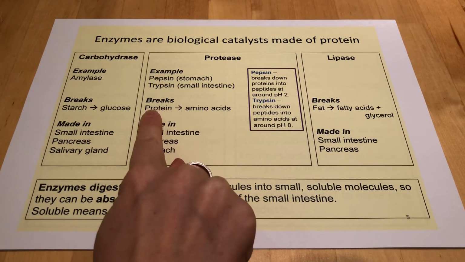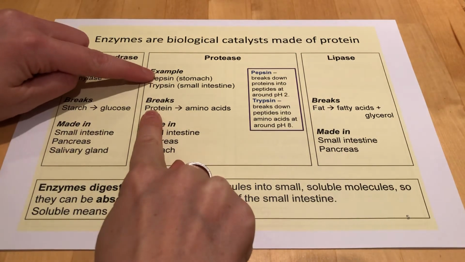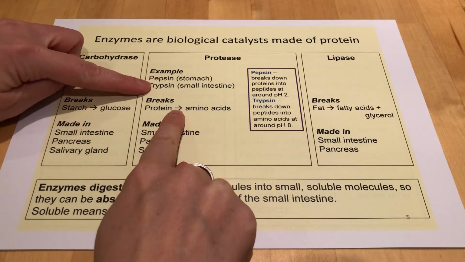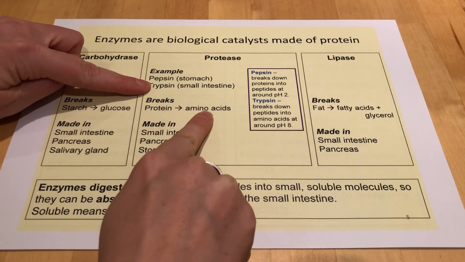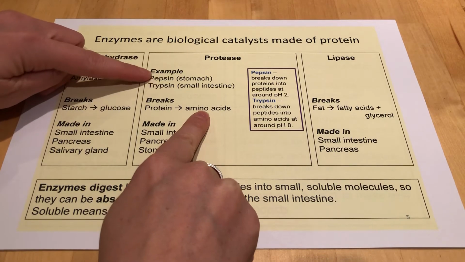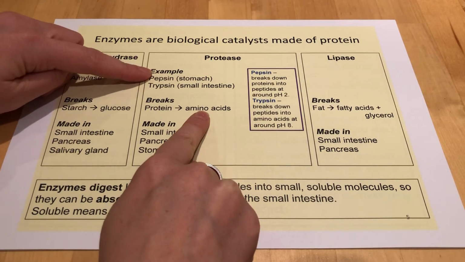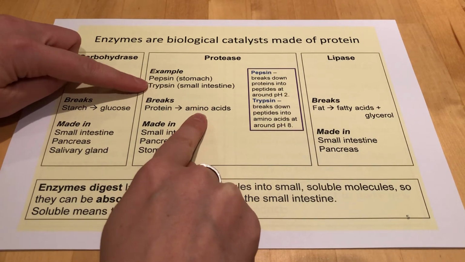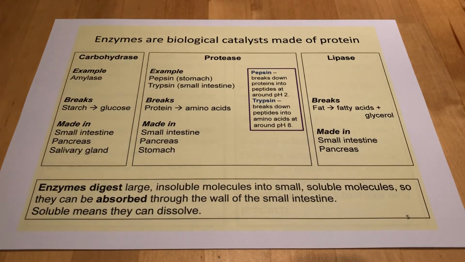So we've got protein. Now the pepsin turns that protein into peptides, and then the trypsin takes the peptides and breaks those down into amino acids. Okay, so it's like a two-stage process. Part of that protein being digested in the stomach, part of that protein being digested in the small intestine. Okay, again, the amino acids are the small soluble molecules.